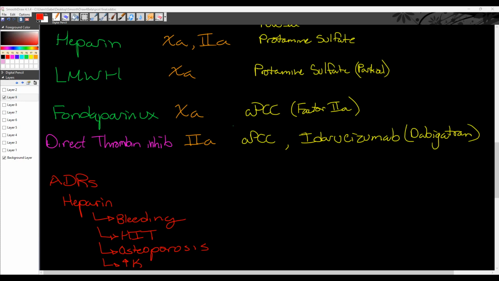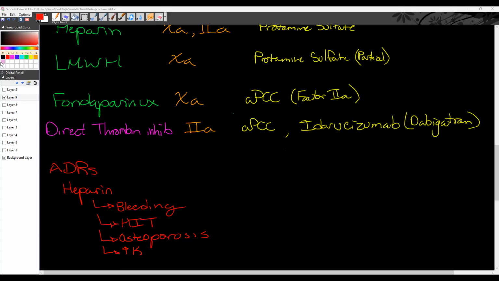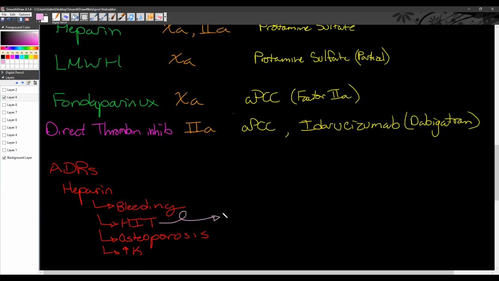When we talk about heparin induced thrombocytopenia, what are we talking about here? What is this thing? Not formation of a clot. Yeah. So thrombocytes are our platelets. And whenever you see the word penia, this is talking about a decrease. So we're talking about a significant decrease of platelets because of heparin.